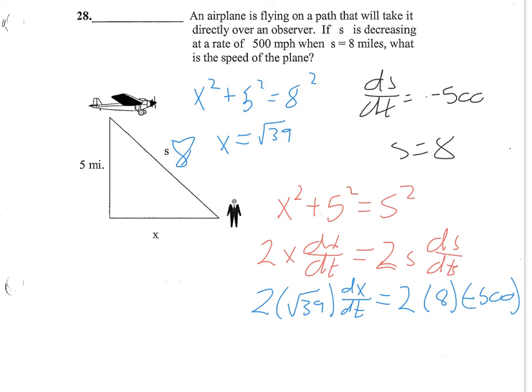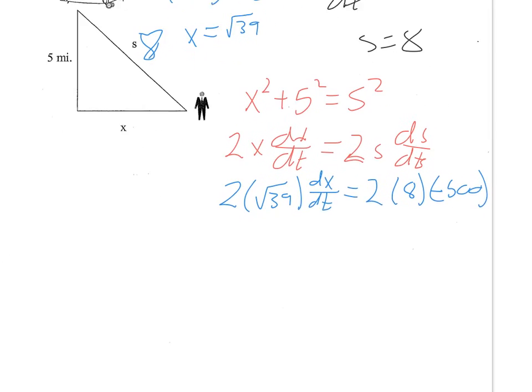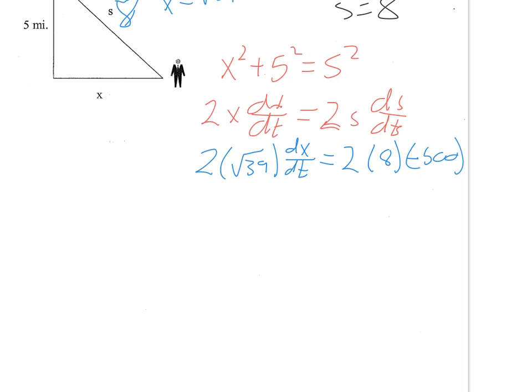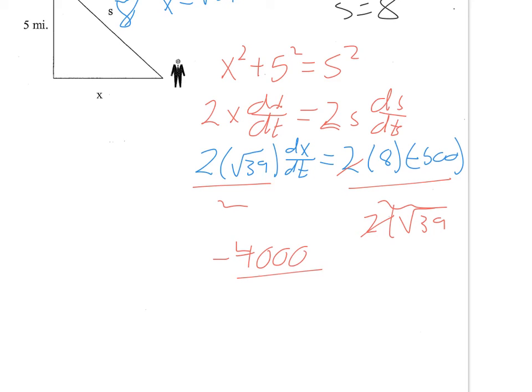Alright, I better put that in parentheses so we don't think we're subtracting that. Okay, now I'm going to divide this off over here and over here. So maybe that's a 2 times the square root of 39. Okay, those cancel. Alright, and so 8 times 500 is negative 4,000 over the square root of 39, like that.